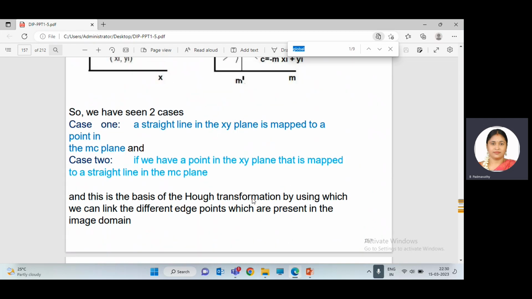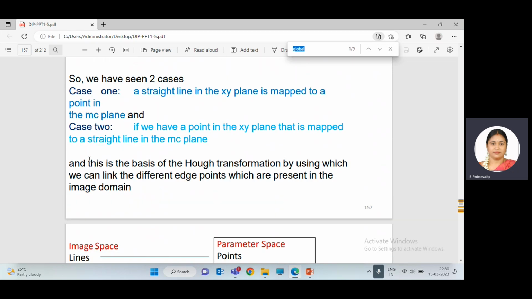Here you have two cases. One is a straight line in the xy plane which is mapped to a point in the mc plane. Otherwise, case 2: if we have a point xy, that is mapped to a straight line in the mc plane.